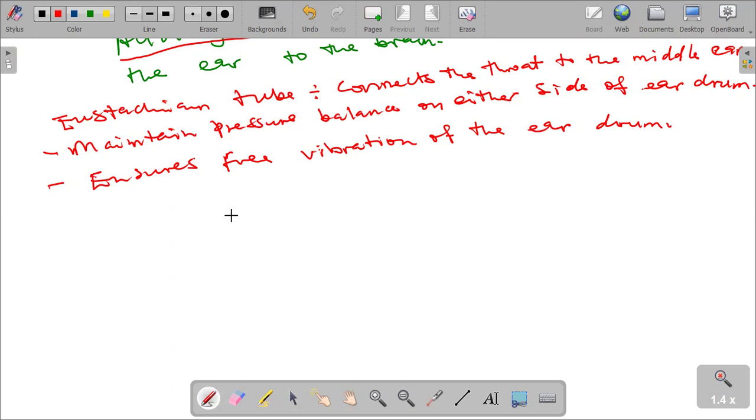We have the optic nerve in the eye, and in the ear we have the auditory nerve. So the optic nerve is for the eye, and the ear sends impulses to the brain through the auditory nerve.